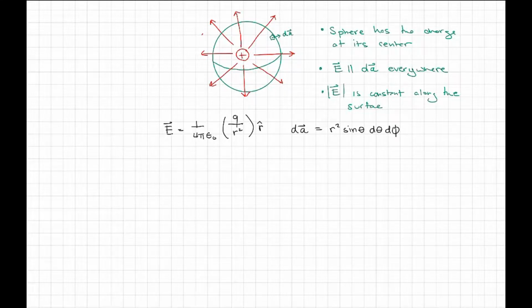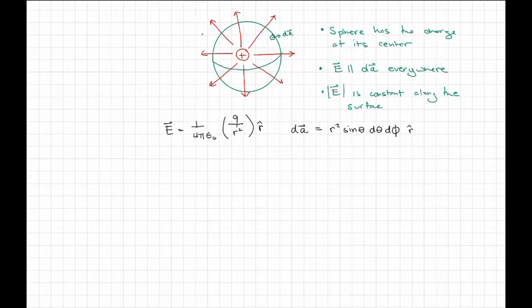Okay, and this one actually isn't in the back of the book, but d tau is. And if you remember how I defined d tau, as a little chunk of volume in the sphere, it should make sense that just the area of the top of that little chunk of volume, which is the surface area, is going to be this. And of course I need to include the direction here because it's still a vector. So this is going to be in the radial direction, so I'm going to include an r hat here, which is a unit vector in the radial direction.